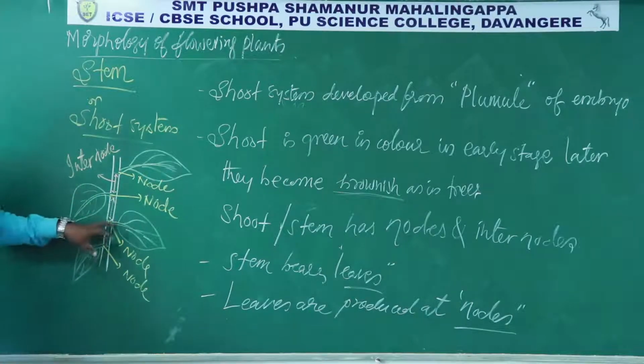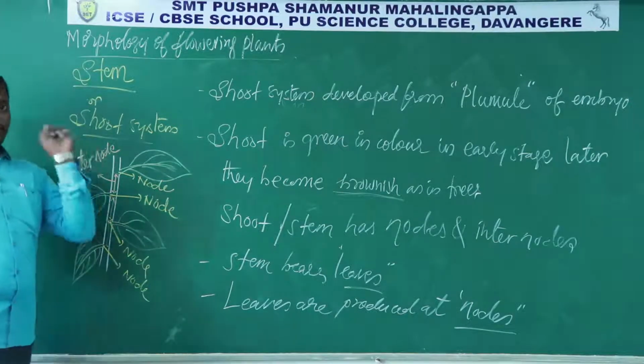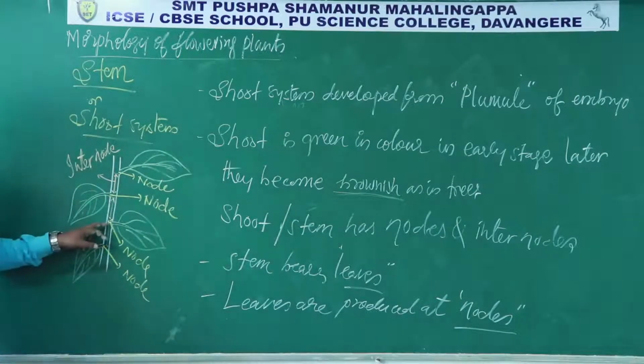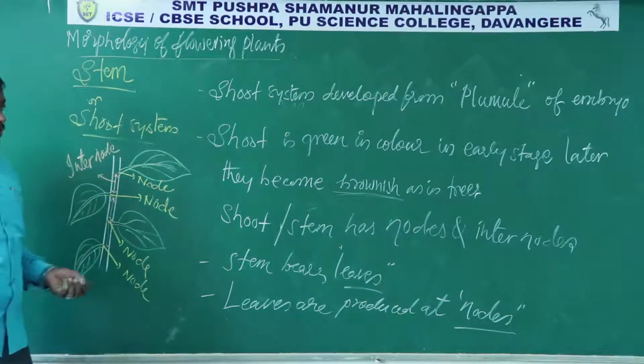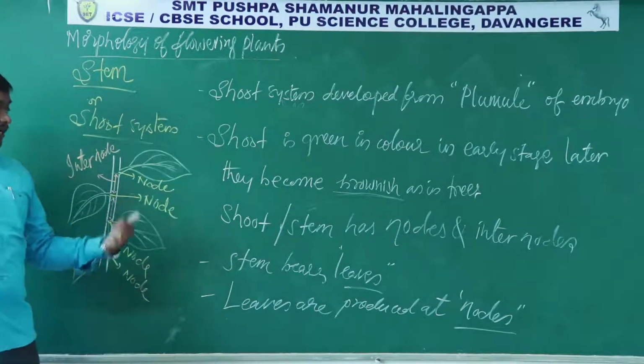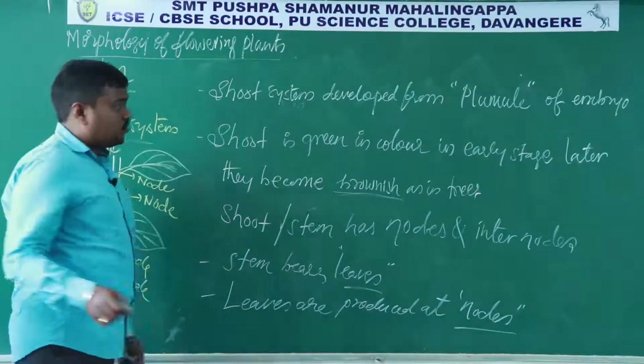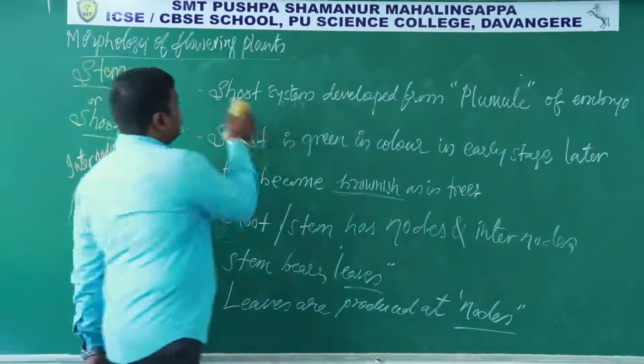Okay, so remember, leaves are always produced at nodes. Okay, so leaves are produced at nodes.